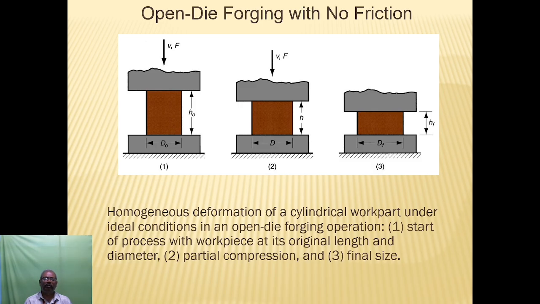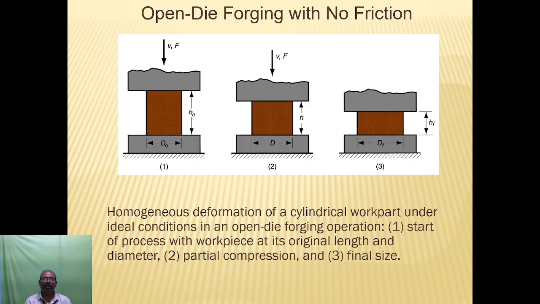So the first figure shows the start of the process. The workpiece is kept in between the two dies, lower die and upper die. Here the original length is HO. Second, we give partial force.